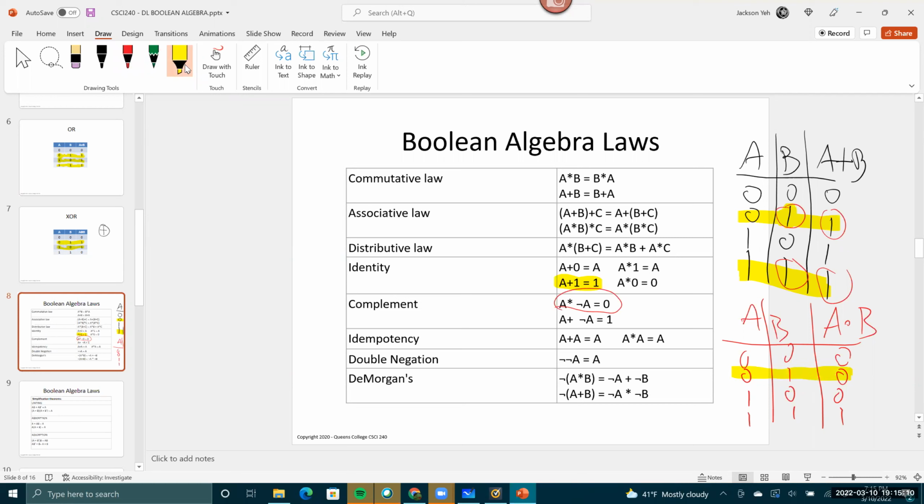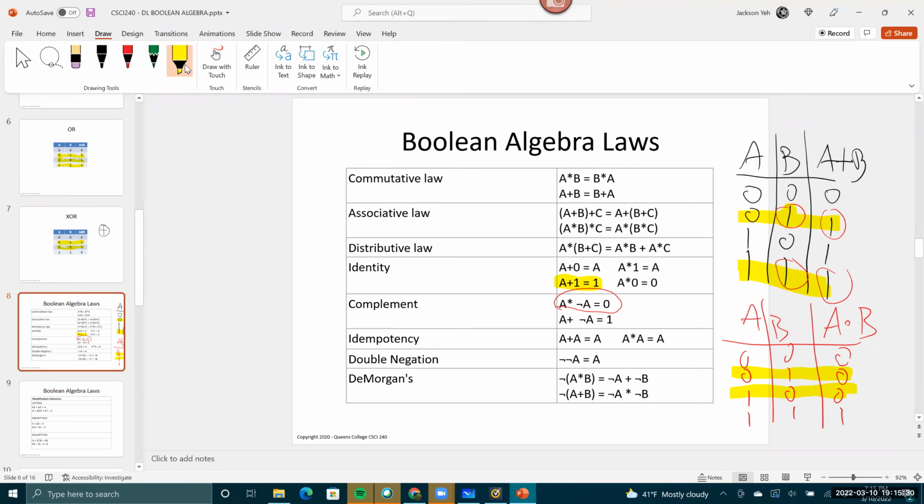So these are the only true rows where A and B don't have the same value, the two inputs. So notice they're always 0. So whenever you have A and something that's the opposite of A, it always reduces to 0. So the next one you could probably prove to yourself, but A or not A will always reduce to 1.